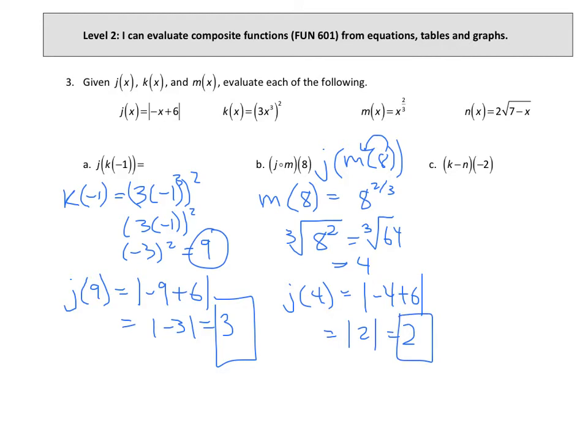Now in this last example, this one's a little bit different. When you have an operation, addition, subtraction, multiplication, or division inside this first set of parentheses, what we're actually going to do is take this number and plug it into both functions. So we're evaluating both k and n for when x equals -2, and then we take the two answers we get and subtract them at the end.